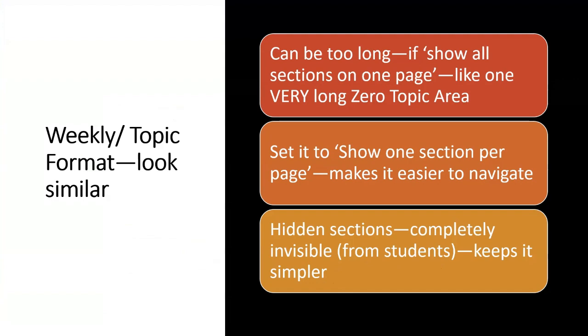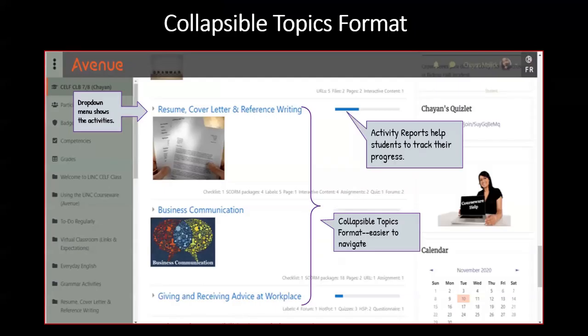And the other one that I just showed, I think a lot of you use this already, is collapsible topics format. I really love it. It looks soft, I think, a softer look and more, I don't know, it feels more welcoming. This drop-down menu shows the activities before they click on it.